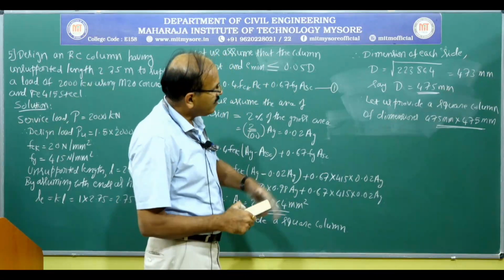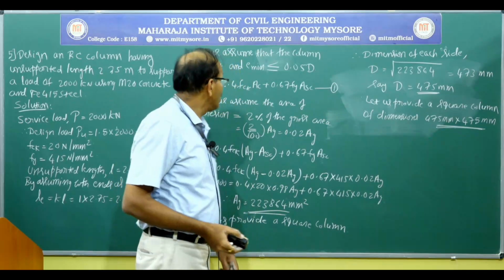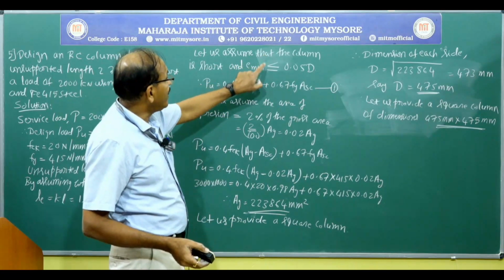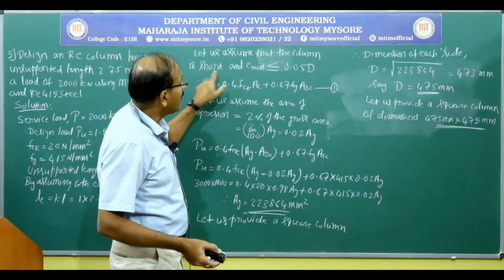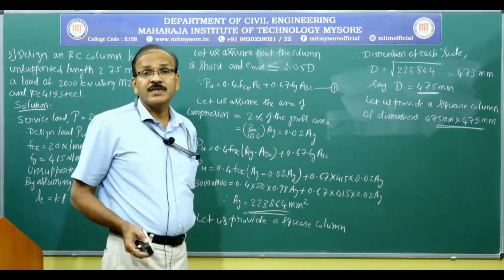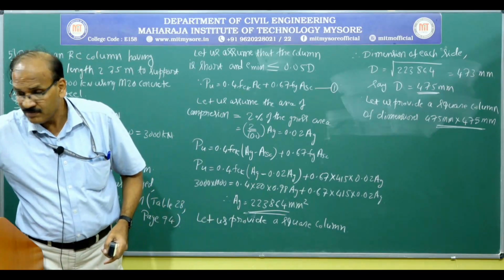Okay, now the dimensions are known. So what is the next step? We have to go back and satisfy these two conditions. One is the column should be short, and also we have to satisfy this condition. So let us go one at a time.